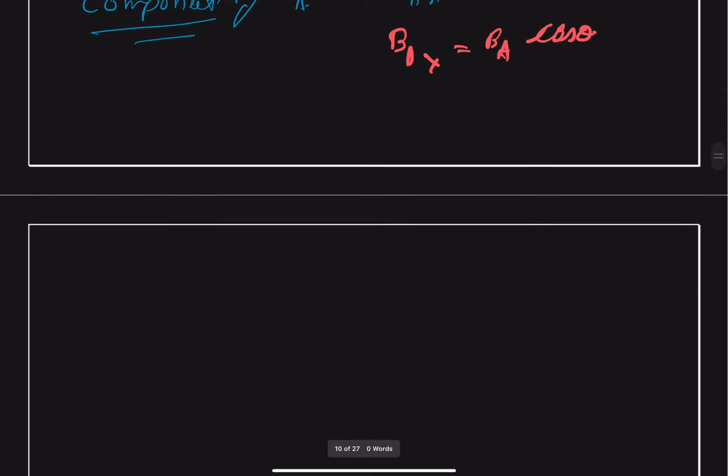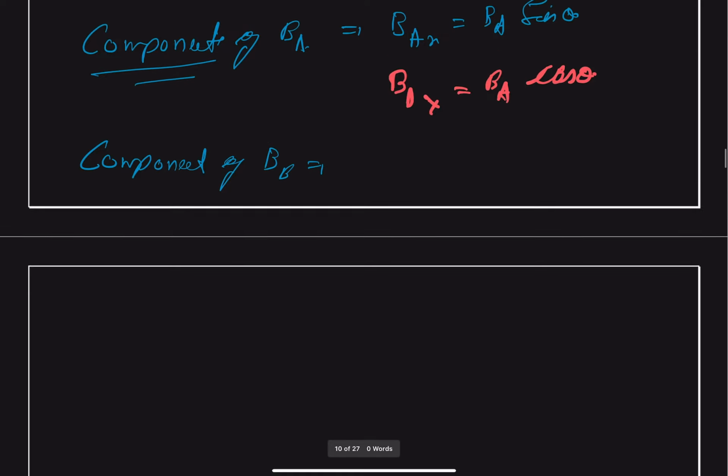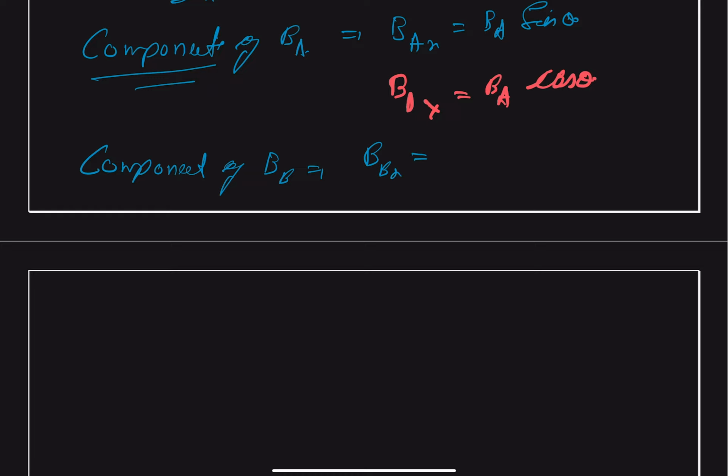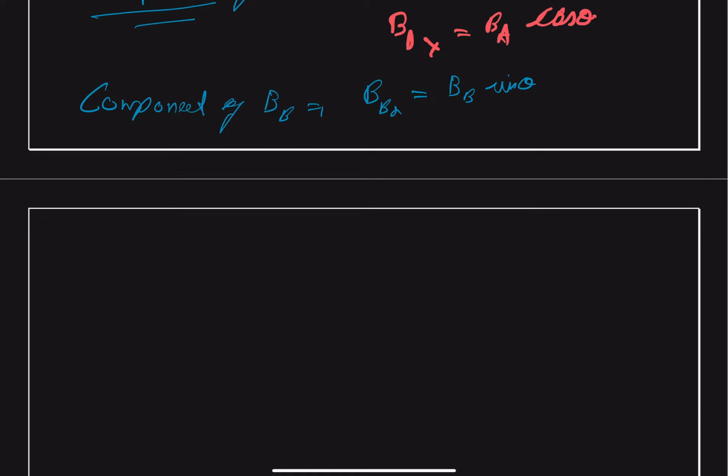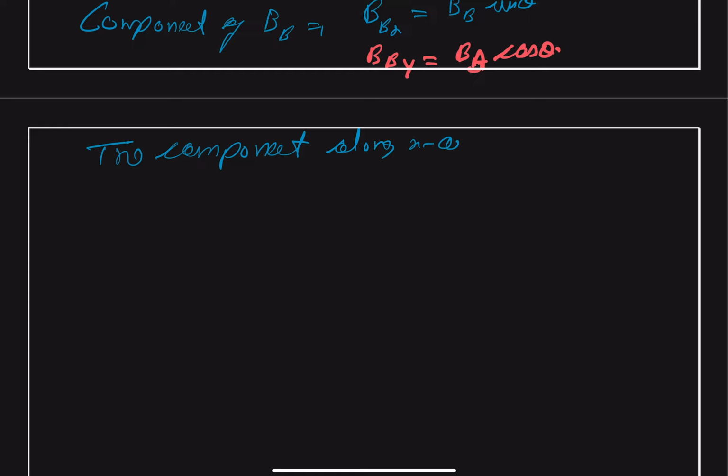And similarly we can write component of BB, due to wire B, so it will be BBX, and that will be our BB sine of theta, and we are going to have BBY, which will equal BB cos of theta. So the component along x-axis are equal and opposite.